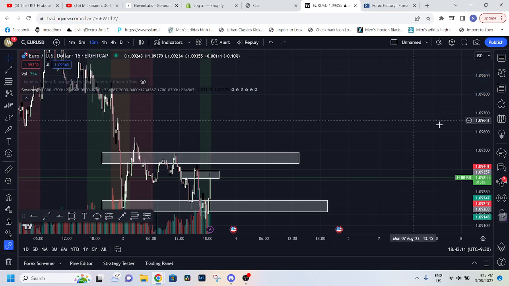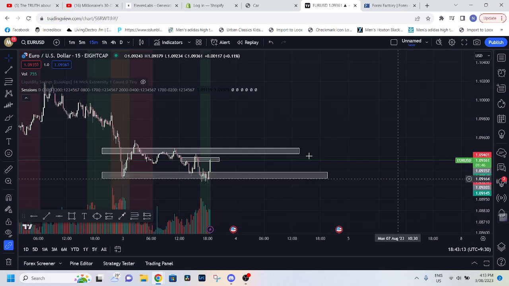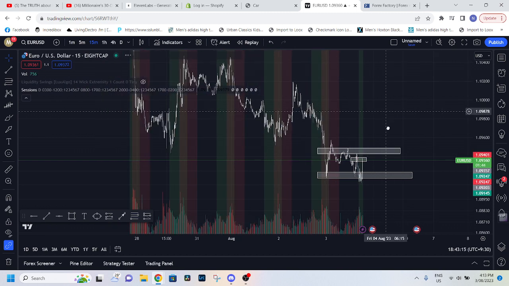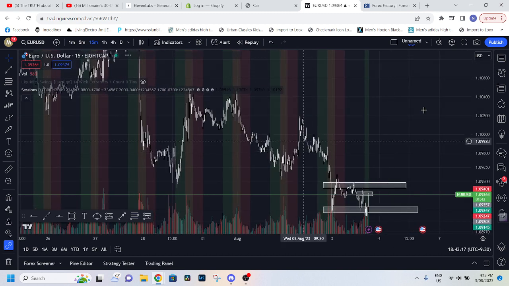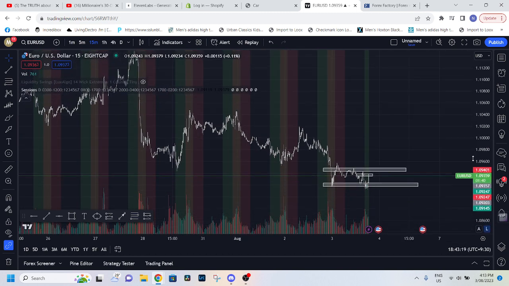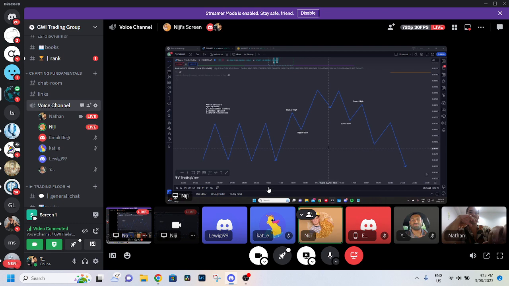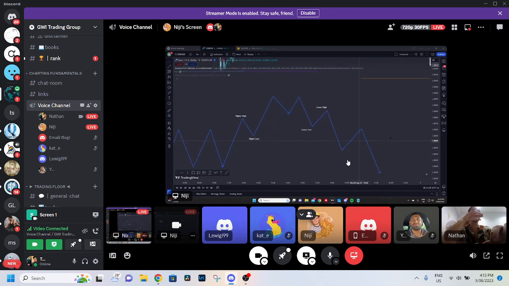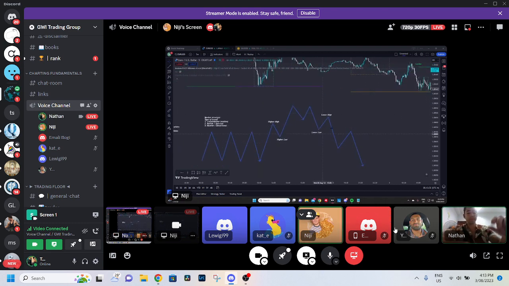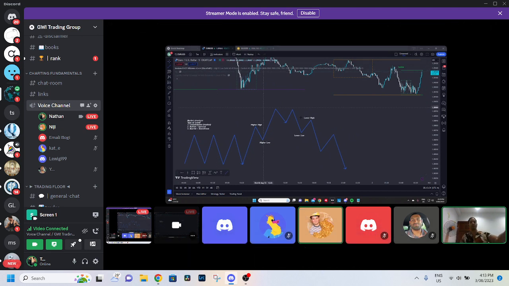So when we look at market structure, if you're looking at Nathan's screen or my screen, it is confusing because we're both sharing. But where you see price make highs and lows, it's only a valid trend if you can draw a line on it and there are 3 points touching, like this.